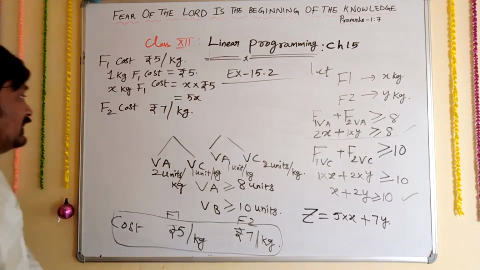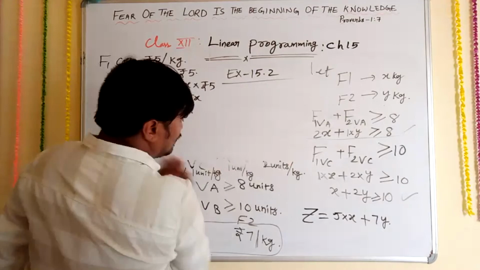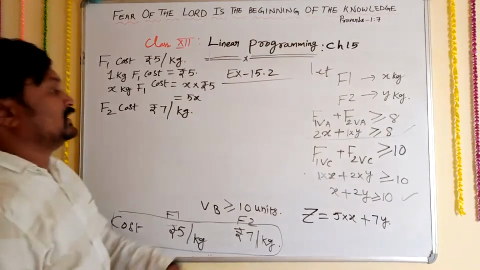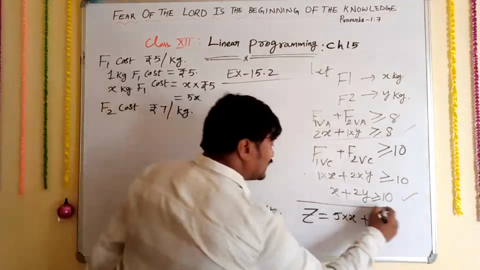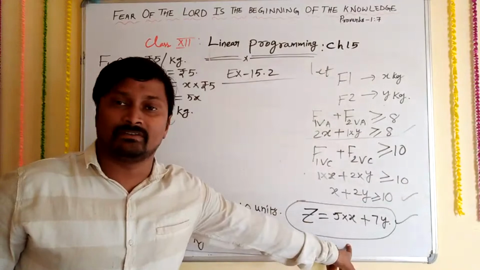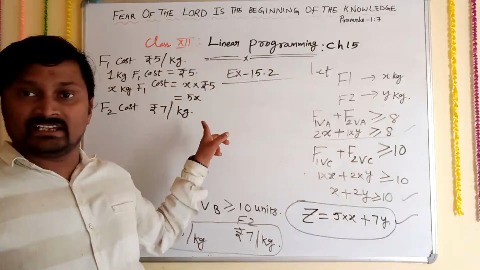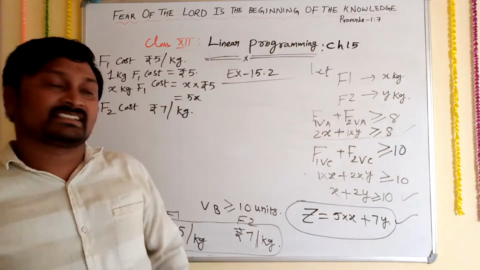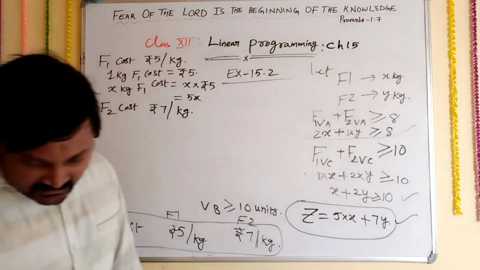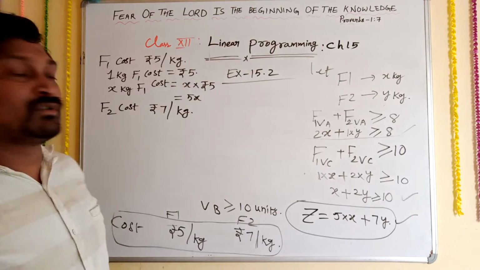Now I am explaining how we formed Z is equal to 5x plus 7y. It is not 50 and 70, it is 5 rupees and 7 rupees. Okay, change that.